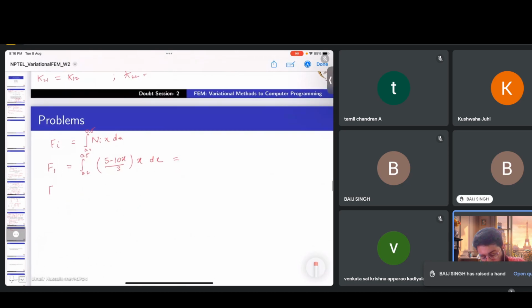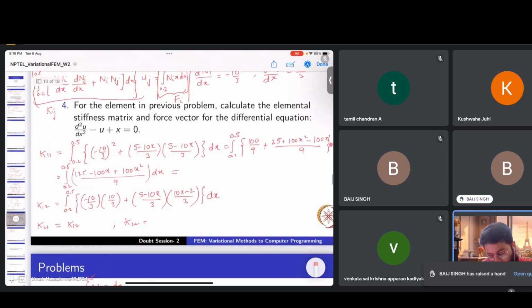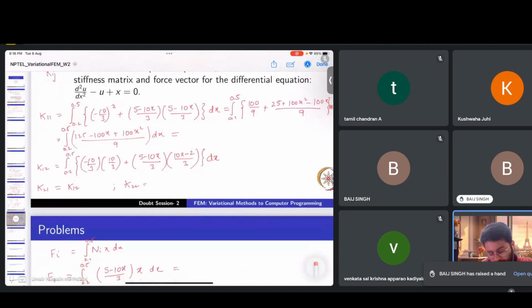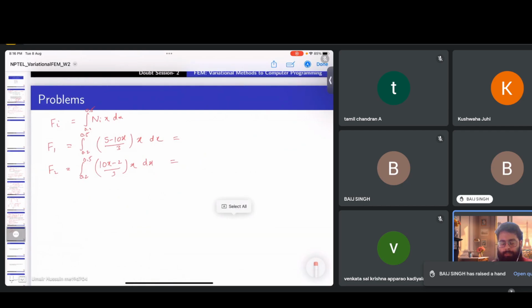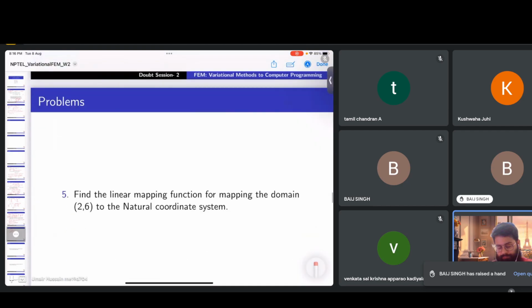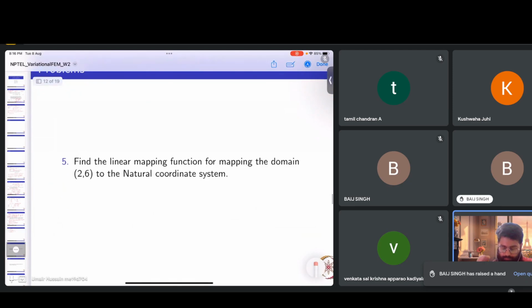And F2 we have 0.2 to 0.5 of 10x minus 2 by 3 into x, and we get this term. So that's how we get the force vector. Okay, I hope this was clear.